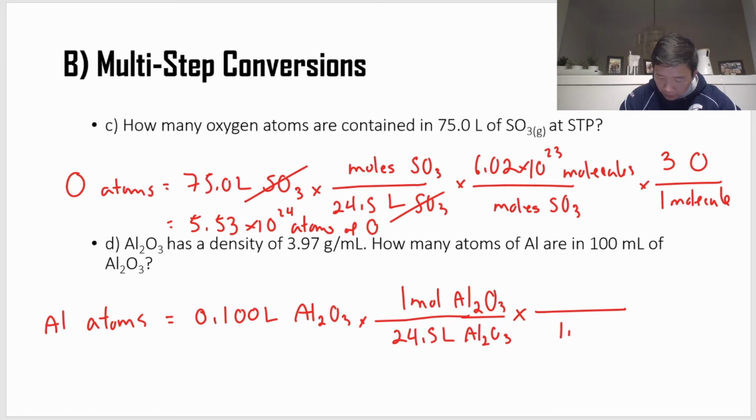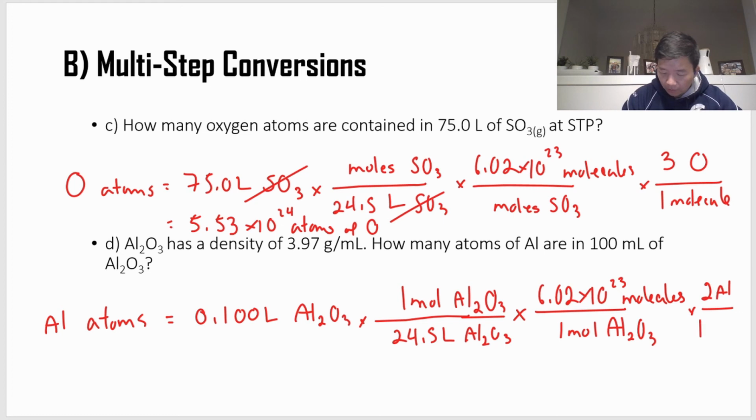So in 1 mole of Al2O3, I have 6.02 times 10 to the power 23 molecules. And once again, I need to multiply by 2, since I have 2 Al for 1 molecule.